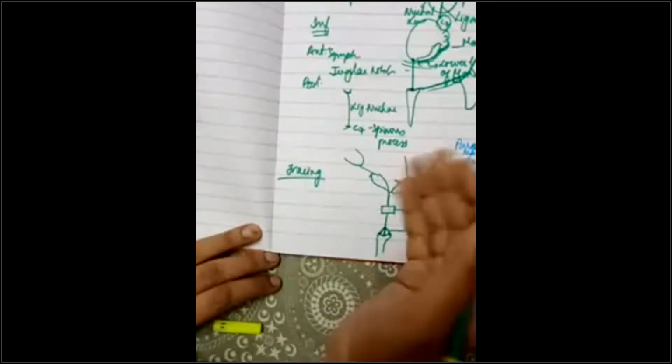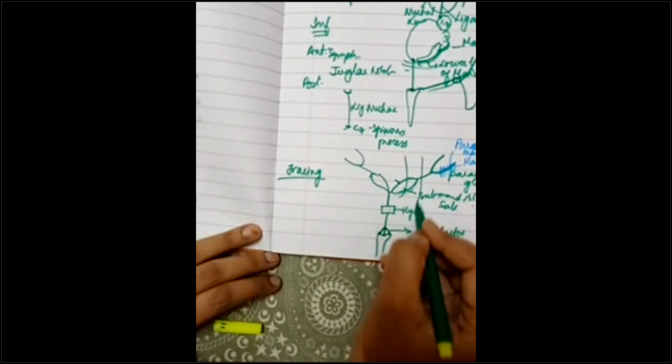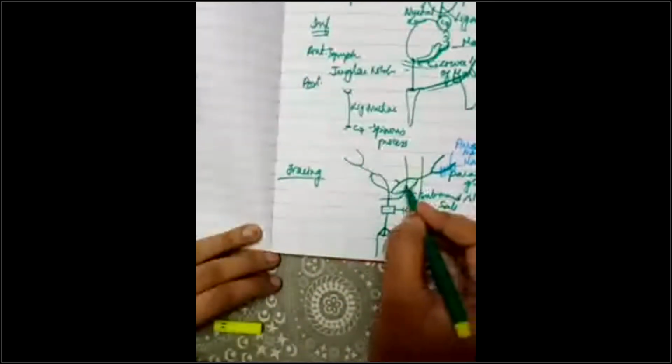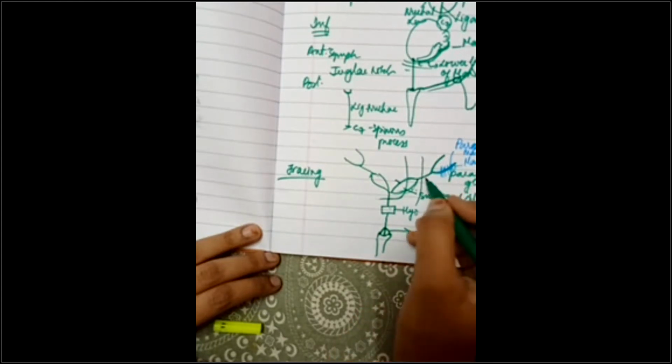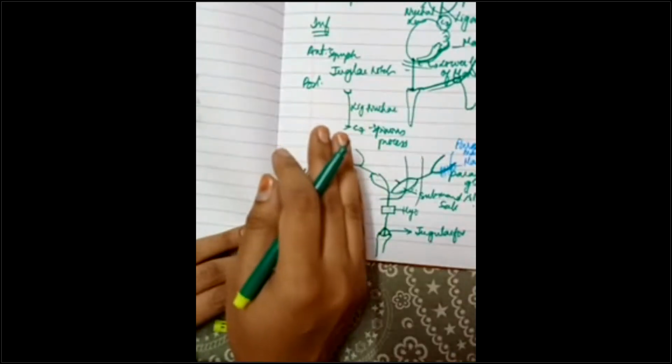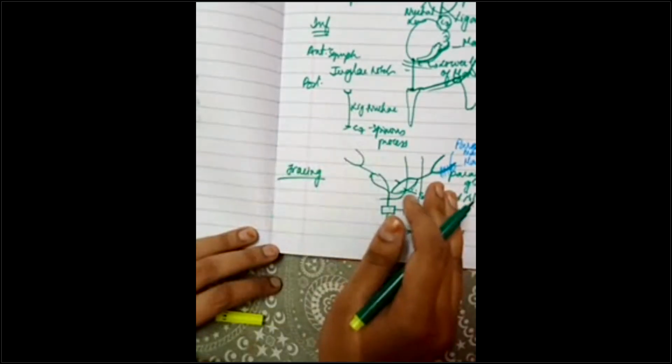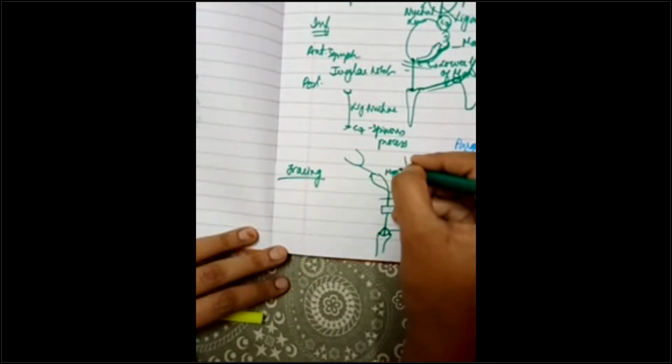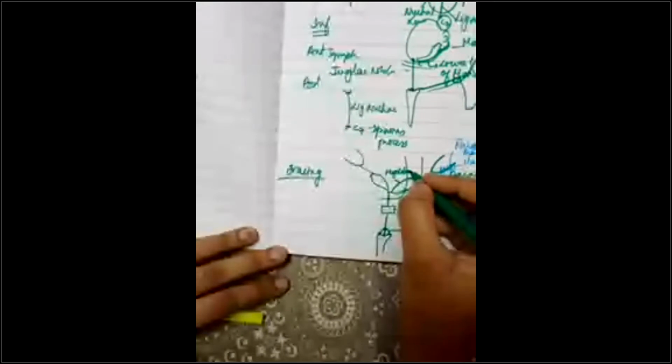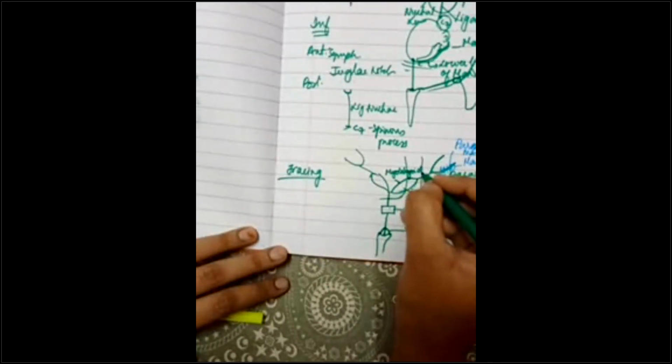The deep layer will cover the medial surface, and it will attach to the mylohyoid line. Mylohyoid line, it will be present on the mandible.